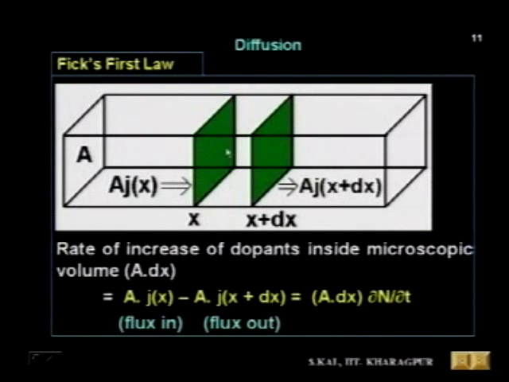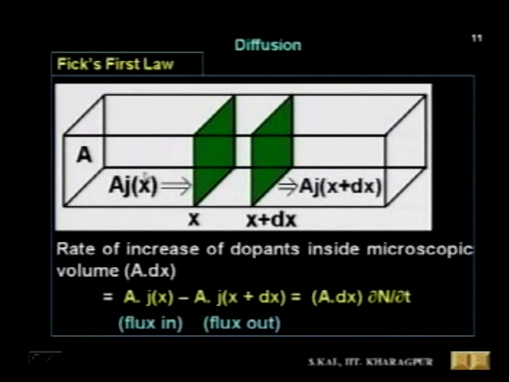The total number of dopants coming in the plane A is A into Jx. A is the surface area, and Jx is the flux at point x. The definition of the flux is number of atoms per unit area per unit time. So in area A, it is A into Jx.